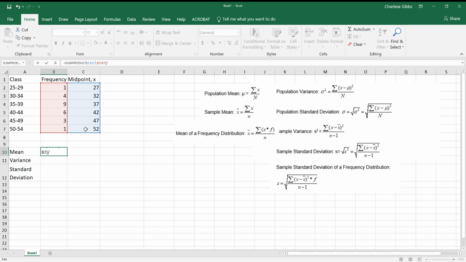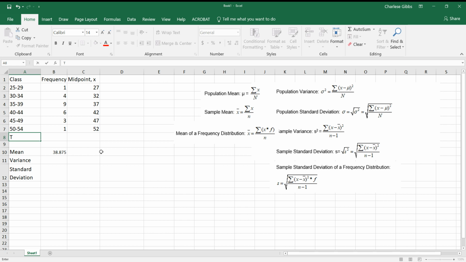I don't have 3 data entries. I actually have the sum of these, right? So I'm going to do the sum of my frequencies, or you can add them yourself if you like. And that gives me my mean.